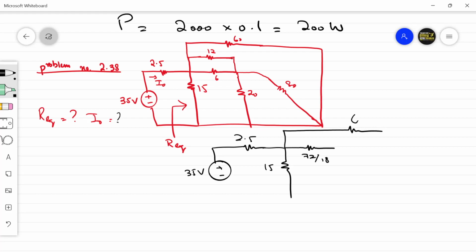You have a 60 ohm resistor still from this side. 20 and 80 are in parallel, so that's 1600 divided by 20 plus 80, that is 100. So this is 16 simply. 72 by 18 is equal to 4 actually, so I can simply write this is 4.